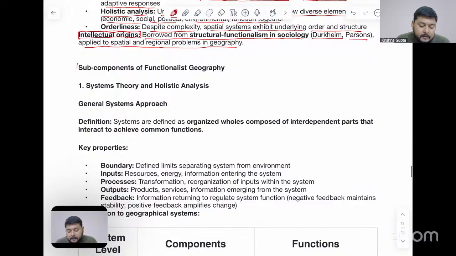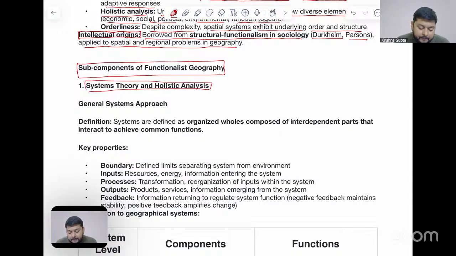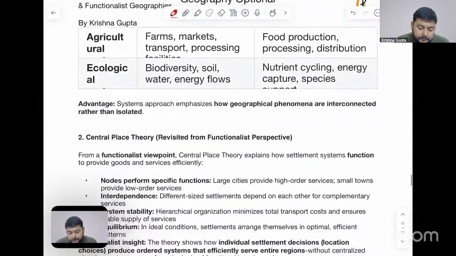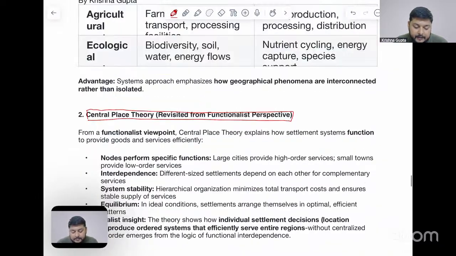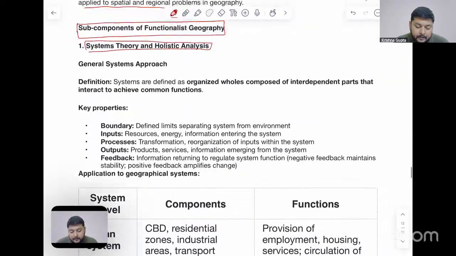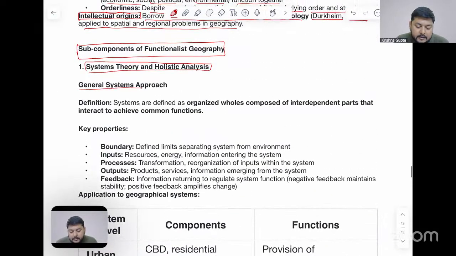When we look at the subcomponents of functionalist geography, number one is system theory and holistic analysis, and number two is central place theory, which revisited the functionalist perspective. So if we look at both of these, the general system approach will be understood in the systems analysis in future.